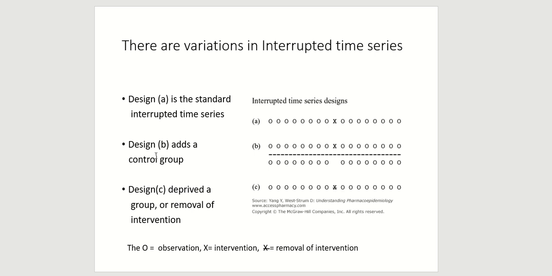Design B adds to that, where you're still doing an interrupted time series, but you also have a control group. And finally, you have a design with removal of intervention. So instead of actually adding something, you're removing something. But to me, really, A and C are exactly the same thing. Whenever you're doing something, whether you're adding or removing, it's still some sort of an intervention.